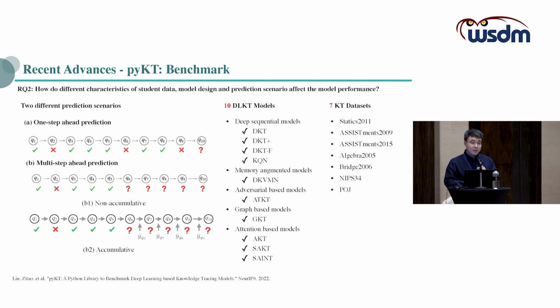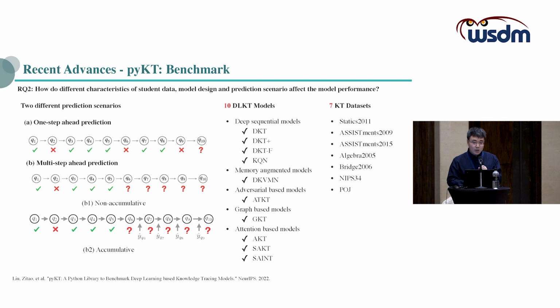One is one-step ahead prediction. That means we only need to predict the next question. And in multi-step ahead prediction, we need to predict multiple responses. When we predict the future, if we use the predicted result, we see that there is error accumulation.